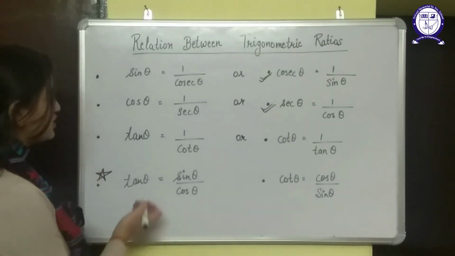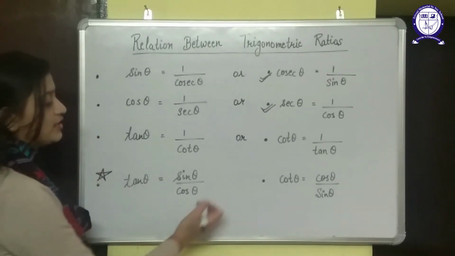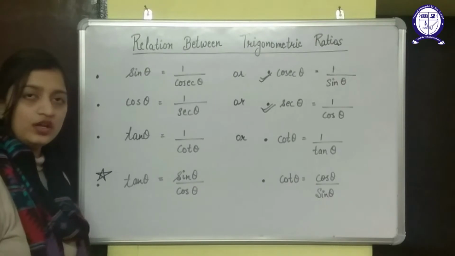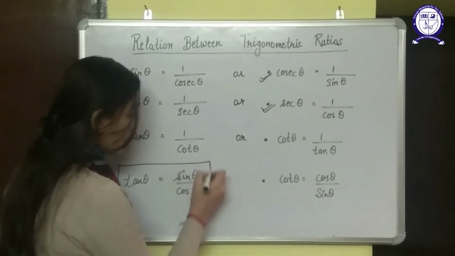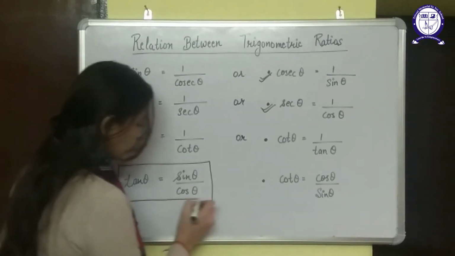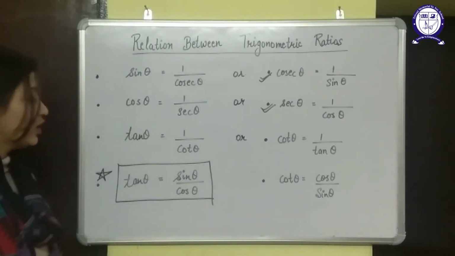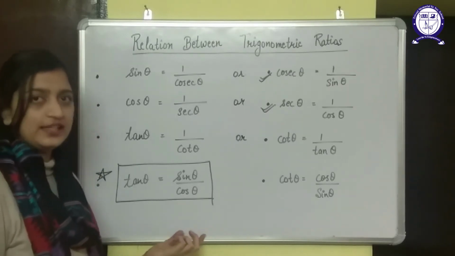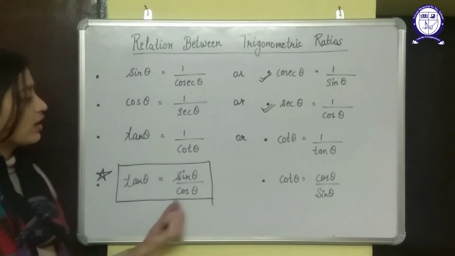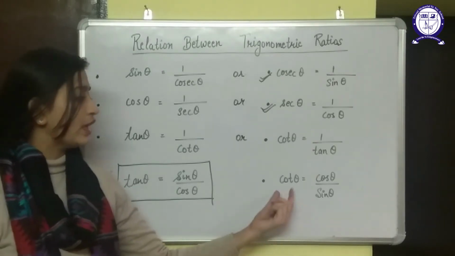The relation is tan theta equals sine theta upon cos theta. This is the thing you need to remember, because this will be used in the questions very often. So tan theta equals sine theta upon cosine theta. Now coming to cot theta.